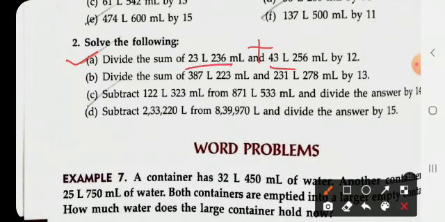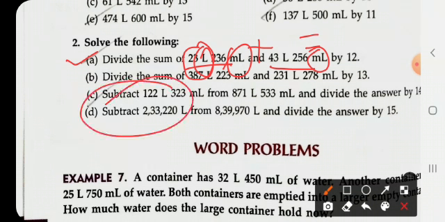Then whatever is the answer, you will convert the liters into milliliters, and then add the milliliters to it, and the number that you will get will be divided by 12, and then you get the answer.